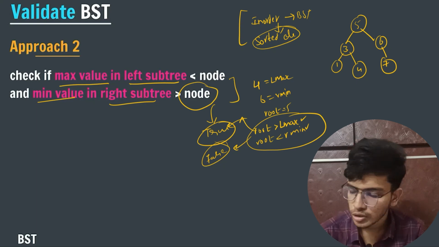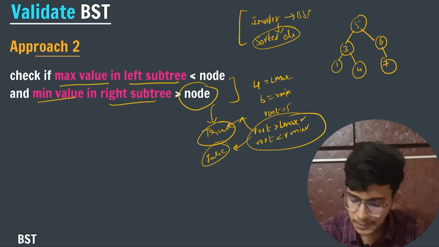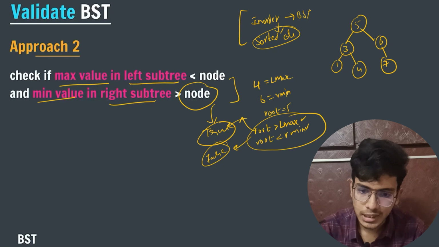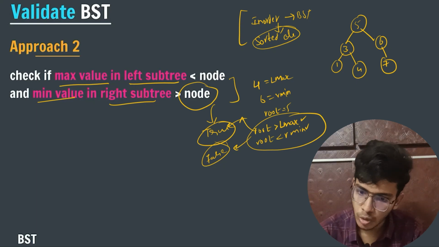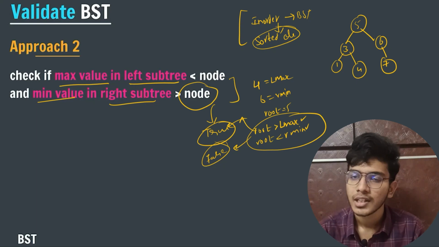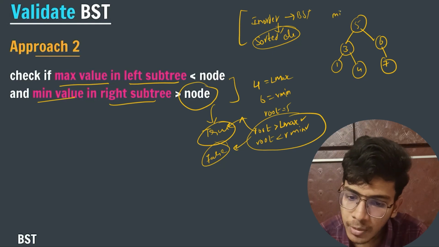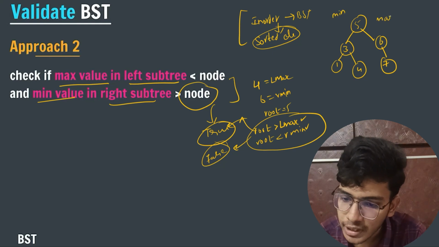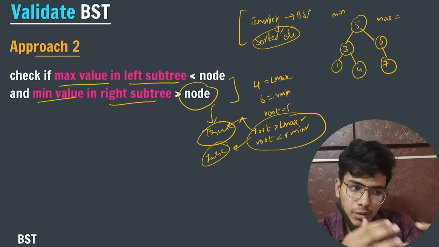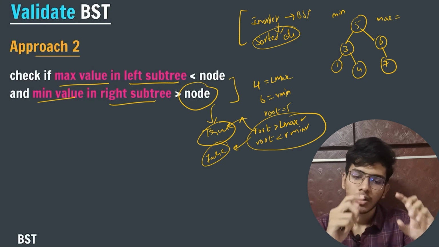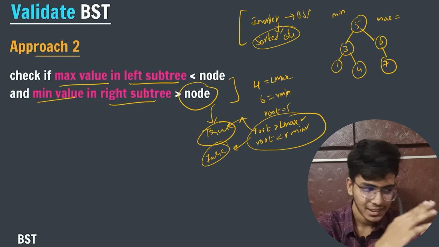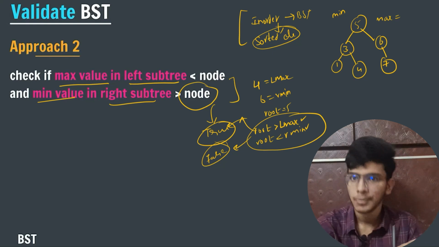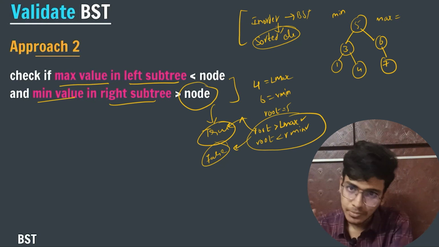Now, talking about the code, for each and every node I will create two variables, a minimum variable and a maximum variable, and according to the level I am at, I will check each node's minimum value and maximum value.